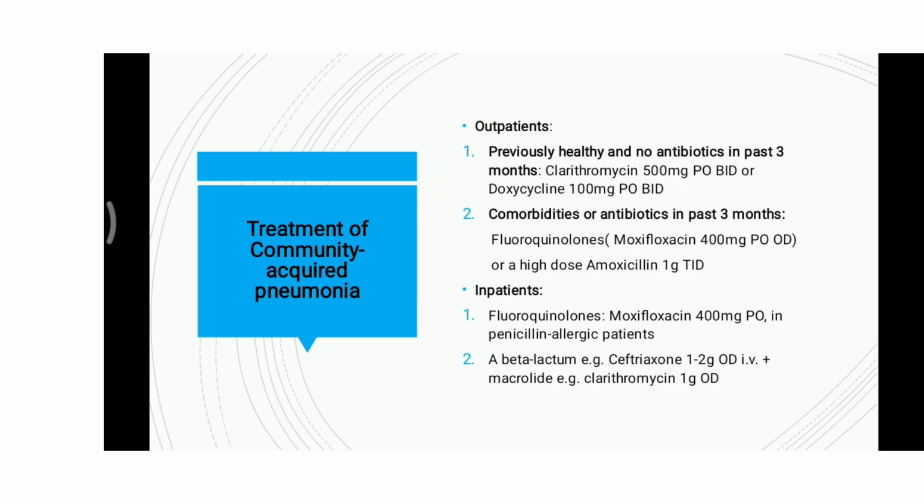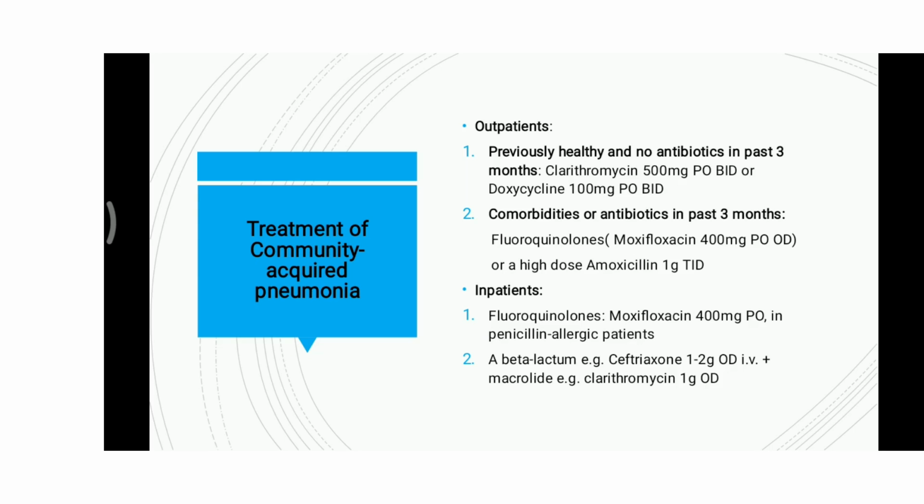So for those cases, we have to give fluoroquinolones, any kind of fluoroquinolone, but basically moxifloxacin is given, which is 400 mg per oral once a day. Or we can also give high dose of amoxicillin, which is 1 gram 3 times a day. So this is in case of outpatients.